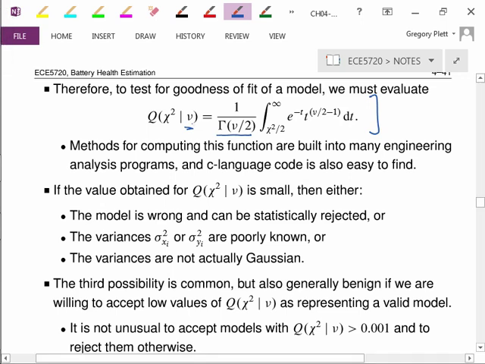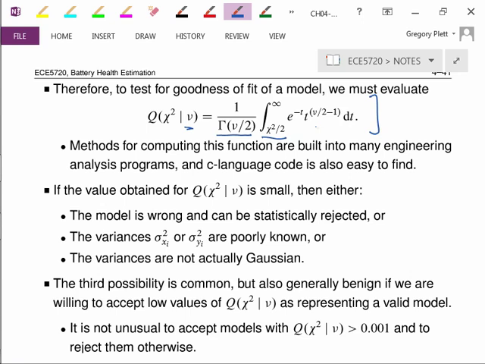You look that up and you say, oh darn, it's itself an integral. It's not very pleasant looking to be able to compute that. And not only do I have that gamma function in the denominator, I have an integral. So I have to be able to compute an integral from the chi-squared over 2 all the way up to infinity of e to the minus t, t to the nu over 2 minus 1. Wow, that looks awful.